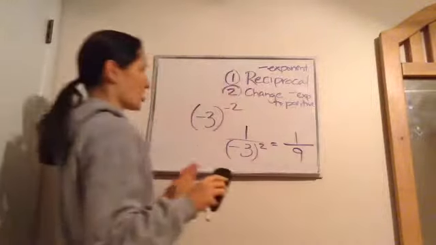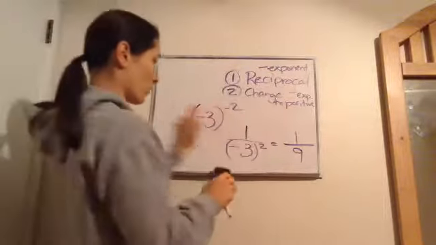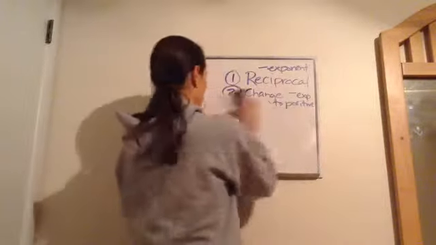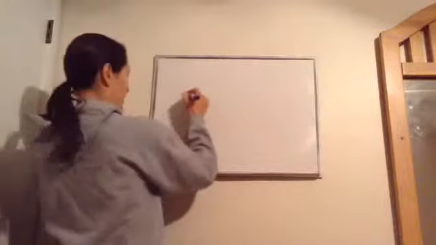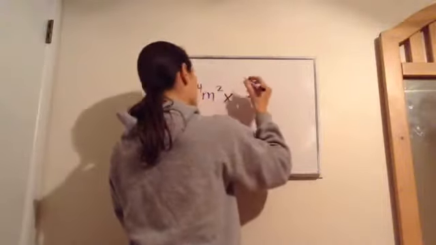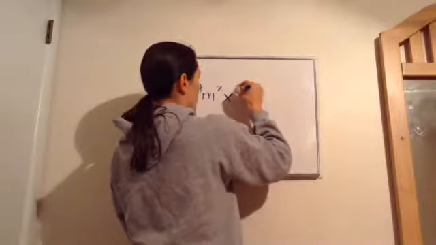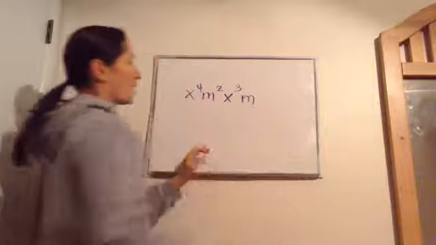All right, so we're going to take a break from that and do a little something different. This is kind of what we did, I guess it's been a week ago, when we had a lot of letters, like x to the 4th power, m to the 2nd power, x to the 3rd power, and m to the 1st power, or actually just m.